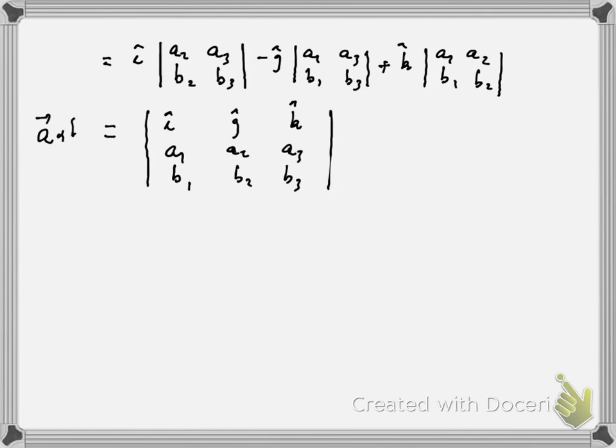We use this determinant of order 3 by 3 for finding cross product of two vectors if the angle between vectors is not given.